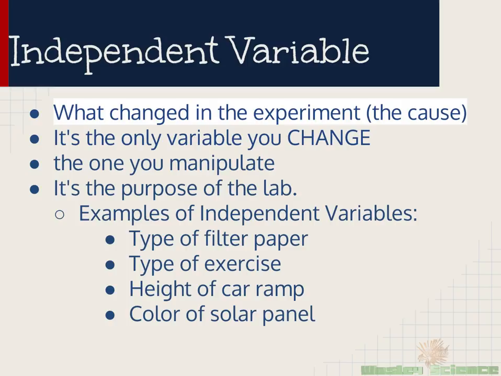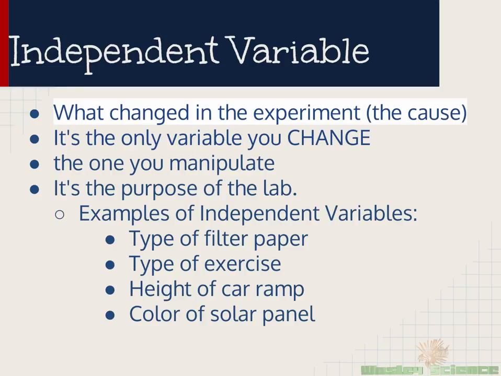Alright, so the independent variable is the part of the experiment that you change. I think of it as the cause. It's the part that you manipulate. Actually, back in the day, they used to call it the manipulative variable. But thank goodness they don't call it that anymore, because that's weird. It's the independent variable.